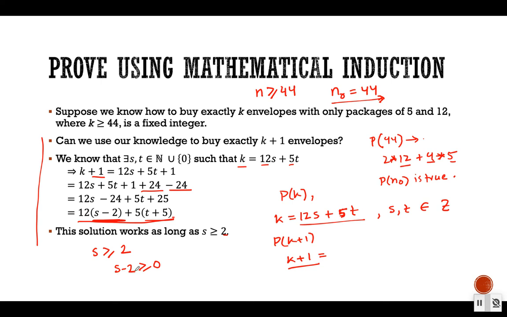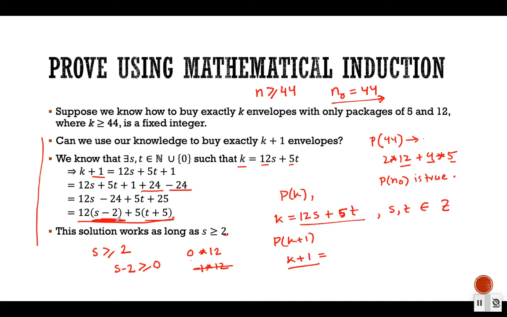I mean, this coefficient is going to be either 0 or positive. I cannot have minus 1 pack of 12. I can have either 0 packs of 12 or any positive integer number of 12-box envelopes. That's why s minus 2 has to be greater than or equal to 0.